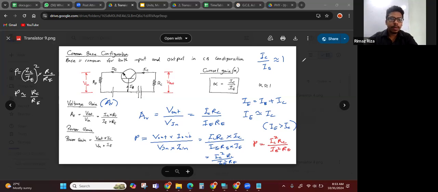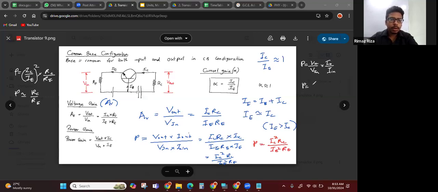Here, the power gain is equal to V out over V in times I out over I in.